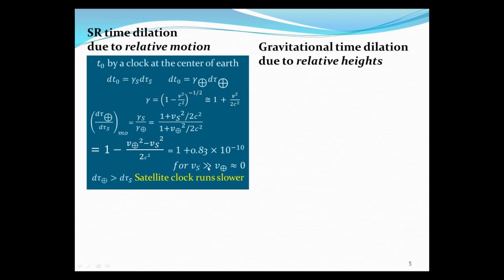When we do this calculation, I just set this equal to 0, because even at the equator the rotational speed of Earth is much smaller compared to the satellite speed. But anyway, this ratio is greater than 1. So we're talking about the satellite clock running slower.